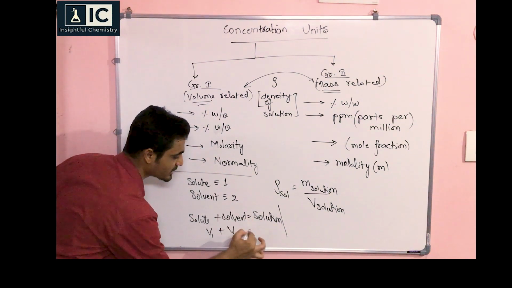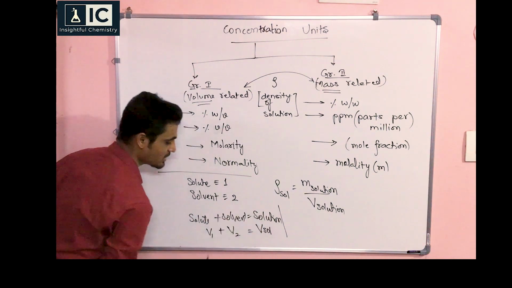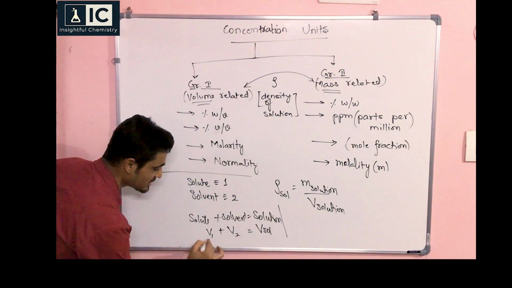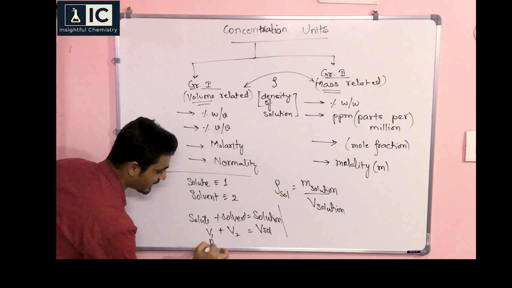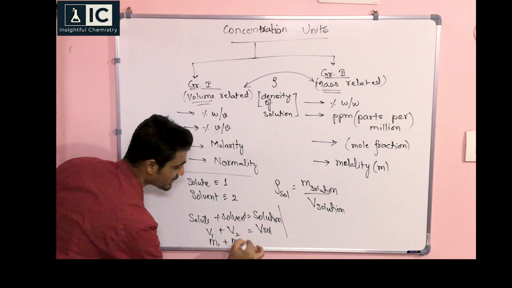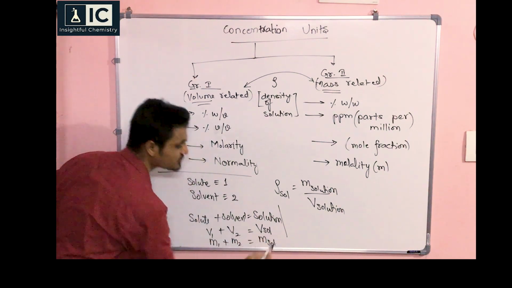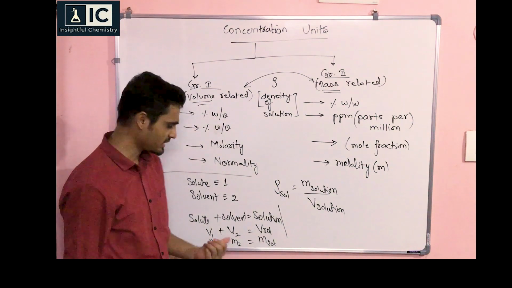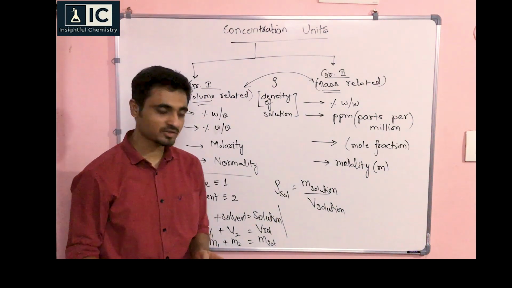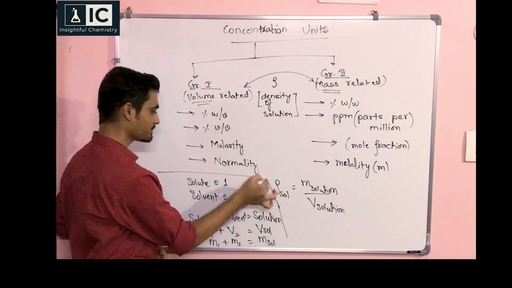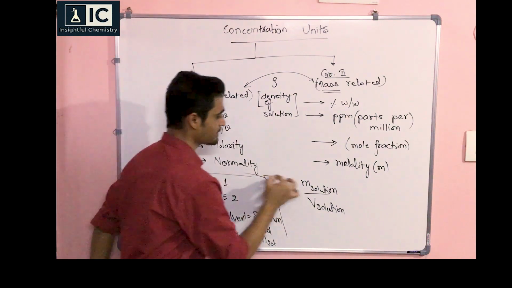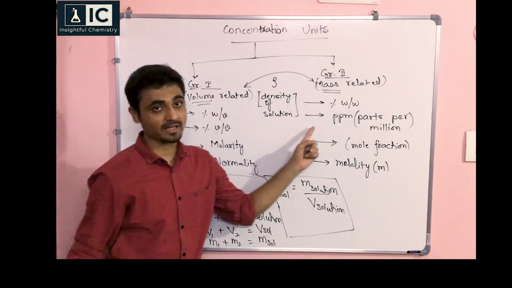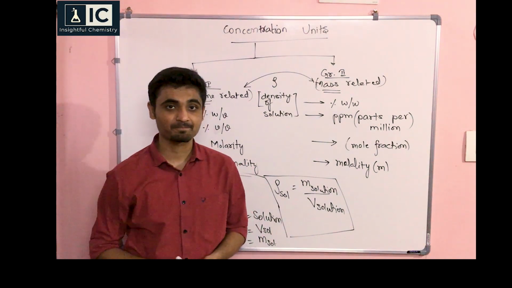So V1 plus V2 will be equal to V solution, right? Or if I have mass, then it will become M1 plus M2 equals mass of solution, or I can use W. W or M. Understood? So keep this in mind, this one and this table, and let's start converting, right?